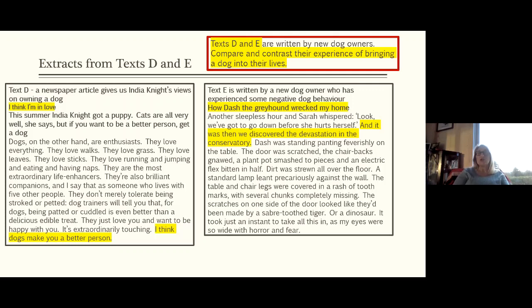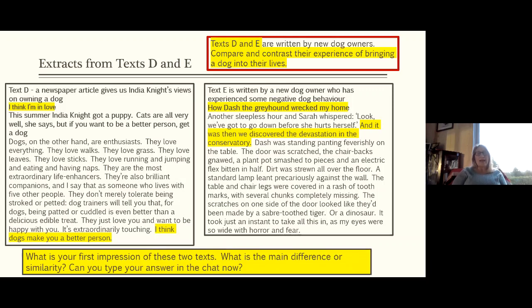The paint was scratched, the chair backs gnawed, a plant pot smashed to pieces, and an electric flex bitten in half. Dirt was strewn all over the floor. A standard lamp leant precariously against the wall. The table and chair legs are covered in a rash of tooth marks, with several chunks completely missing. The scratches on one side of the door looked like they'd been made by a saber-toothed tiger or a dinosaur. It took just an instant to take all this in, as my eyes were so wide with horror and fear.